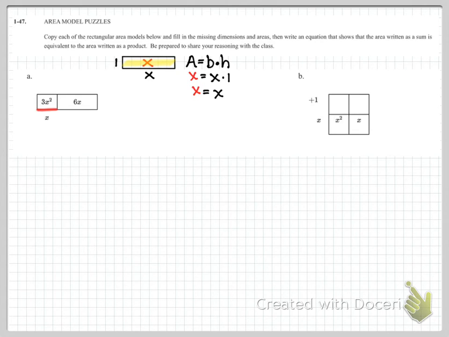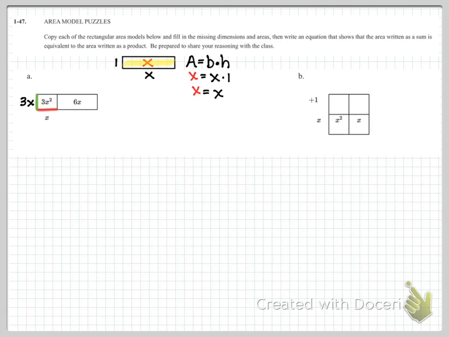Like, how do I get 3x squared? So I need to figure out what that green length is. So if I've got X, that's already taken, X times what gives me 3x squared? And that's actually going to be 3x. Which means I now know the green length.